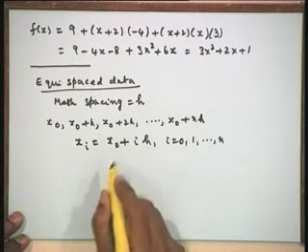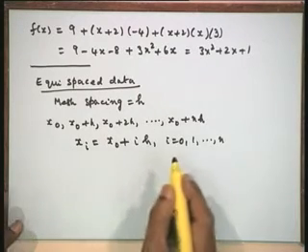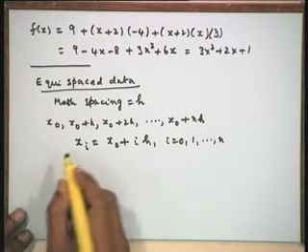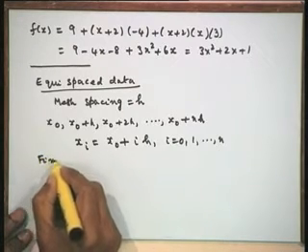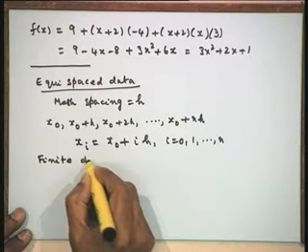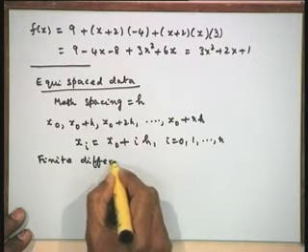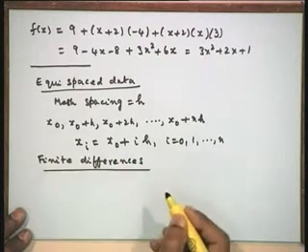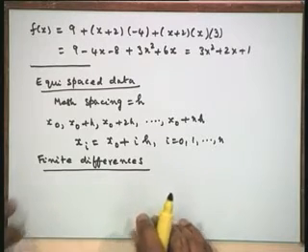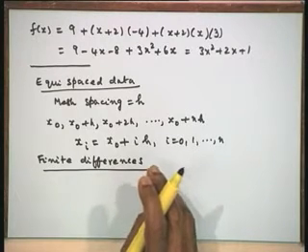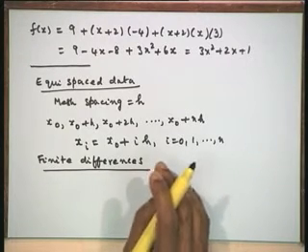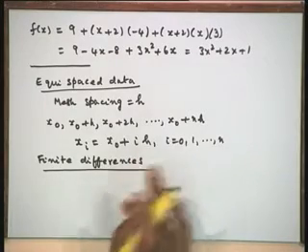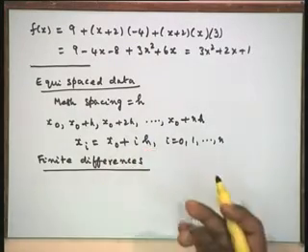Now, in order to construct the interpolating polynomials, I would like to define a few operators. These are called finite difference operators. So, we call them finite differences. Now, these operators are very useful for us in solving ordinary and partial differential equations, wherein we shall use numerical methods, and the numerical methods are based on the finite differences or the finite element methods.